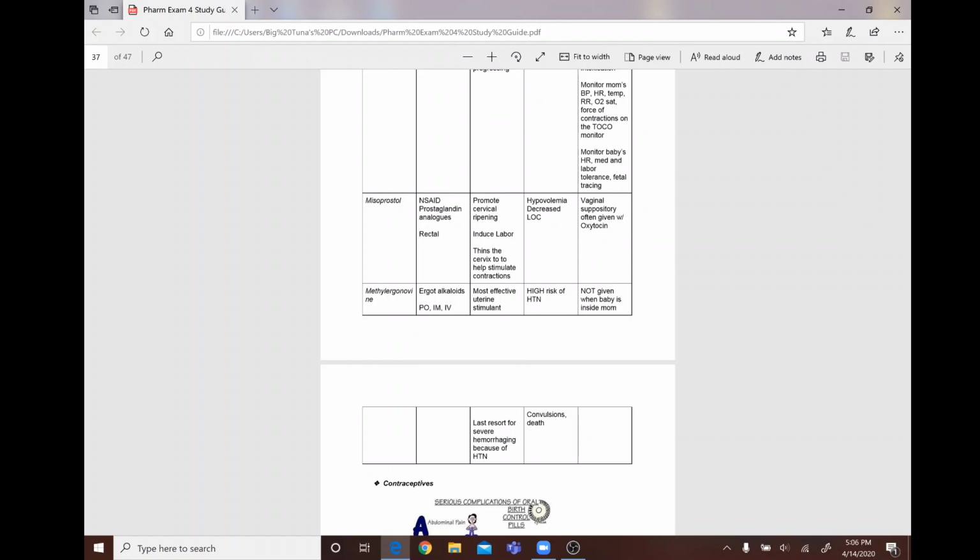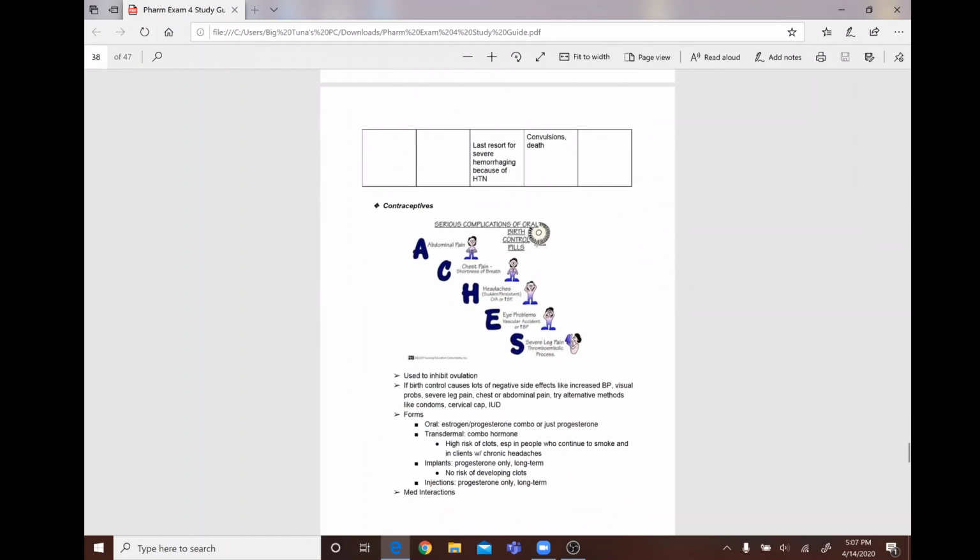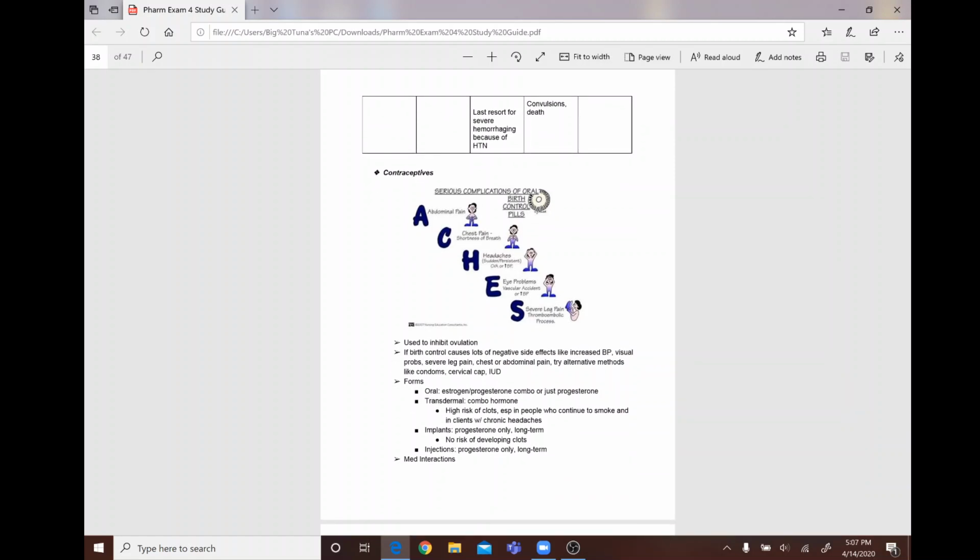What are the side and adverse effects of methylergonovine? High risk for hypertension, convulsions, and death. When is methylergonovine contraindicated? When the baby is inside mom. What are the serious complications of oral birth control pills? Abdominal pain, chest pain, headaches, eye problems, severe leg pain.